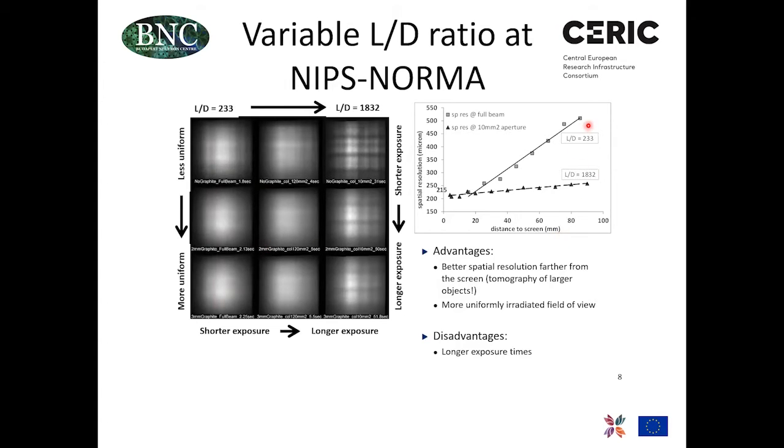And why is this L over D ratio important? Because the best resolution is provided by a camera system if you put your object right next to the scintillator screen, so almost zero distance from the image detector.